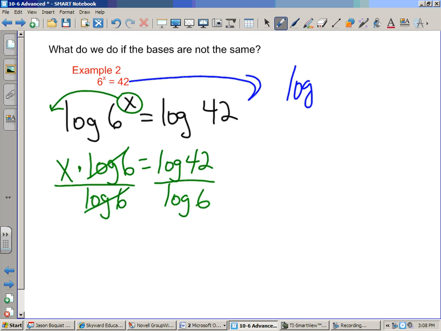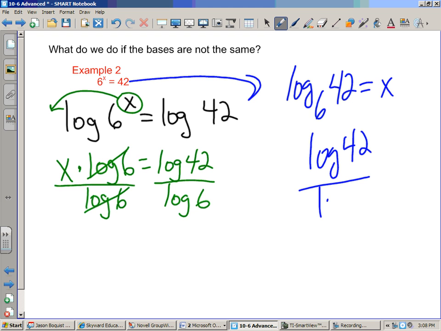Log base 6 of 42 equals, isn't that what I just told you to do on that homework assignment? Take log of that one there and divide by log of that one. That's what I just told you to do. That's why it works. Okay? You could have just believed me, but now you know why it works. And if you ever get really stuck, you could always just go back and do the problem this way.